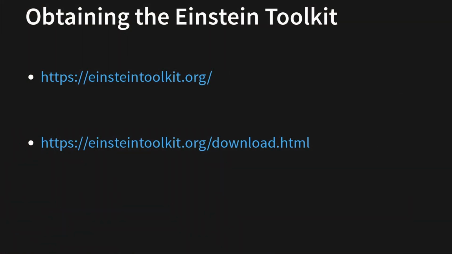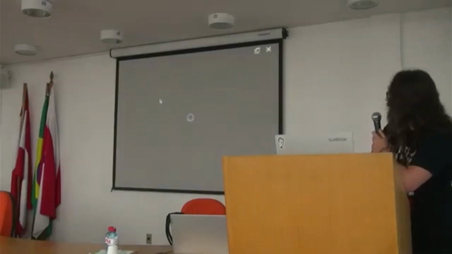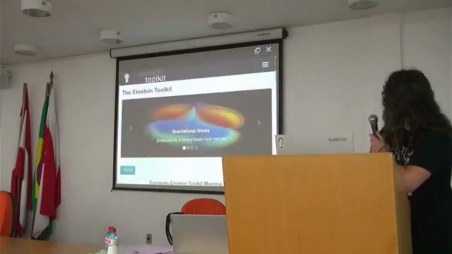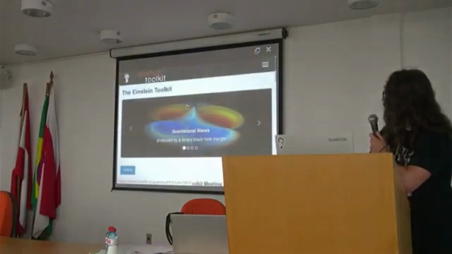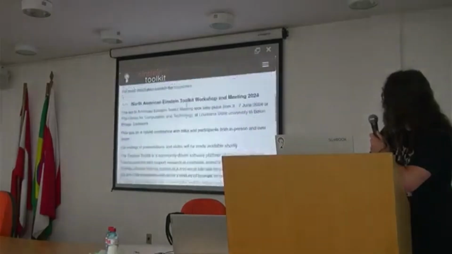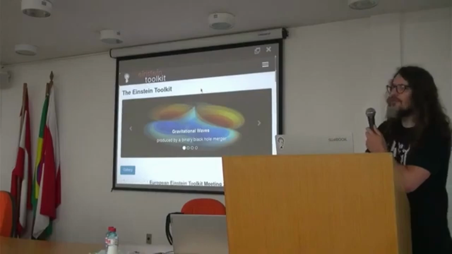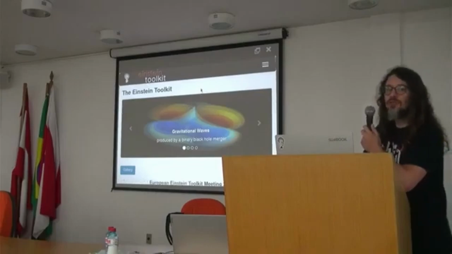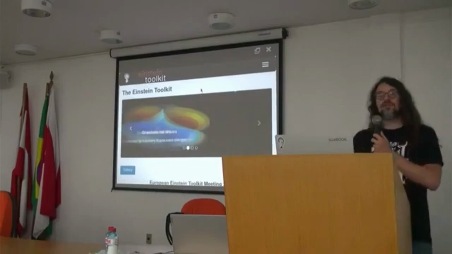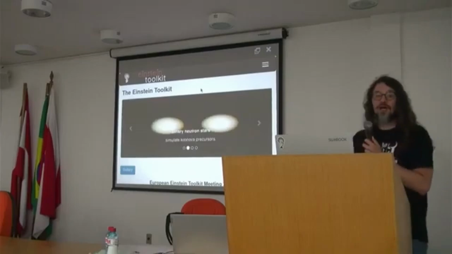And how do you do that? Well, you just go here. Let's see if the internet is working. There you go. So this is the web page for the Einstein Toolkit. There is some information also about the upcoming workshops. Typically, every year there are 2 workshops for new users, one that is based in the US and one that is based in Europe, and they are coming up.